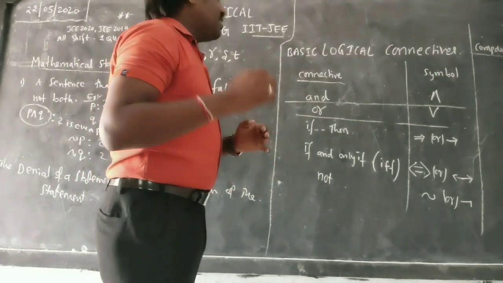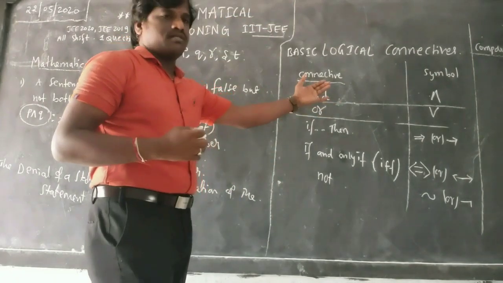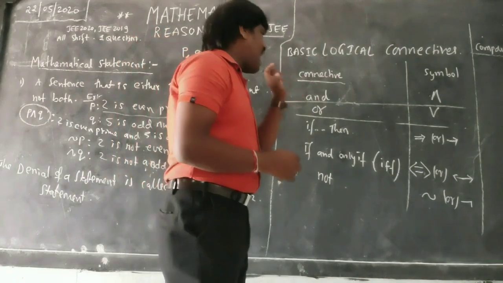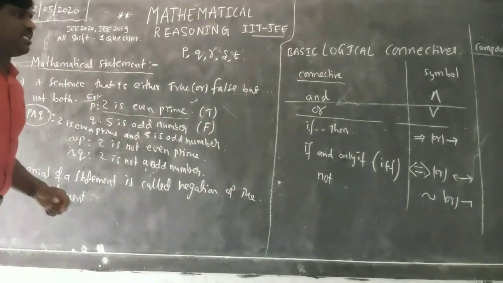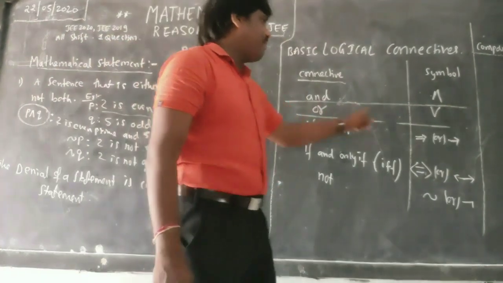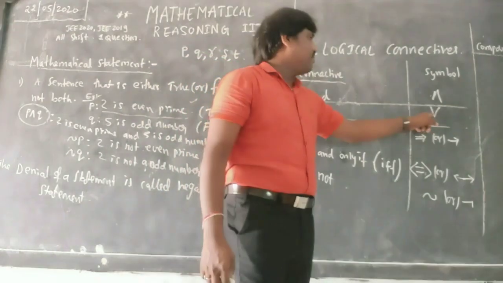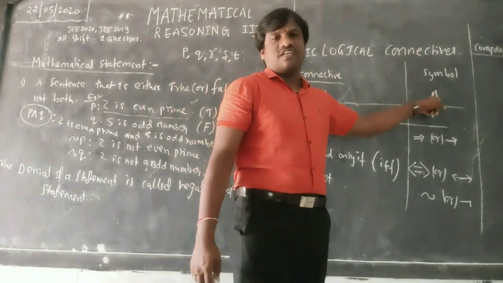Basically, we connect the statements with the connectives. The first connection is the AND connection. Another connection is the OR connection. The symbol is a V shape, and the AND symbol is the reverse of the V shape.